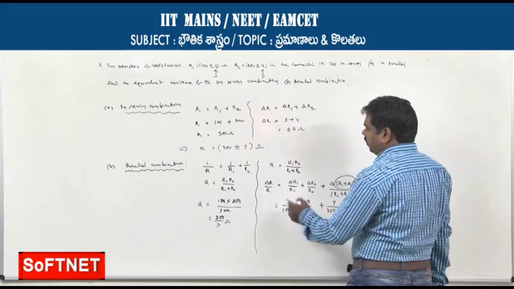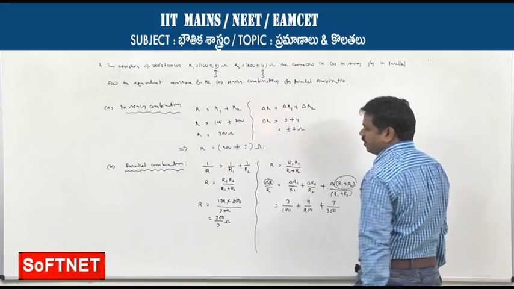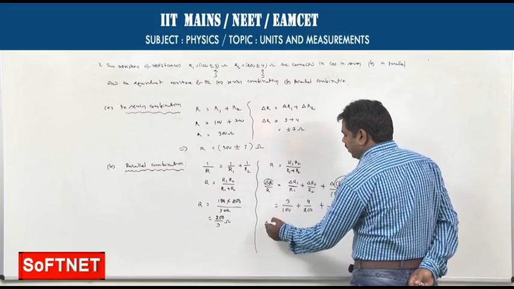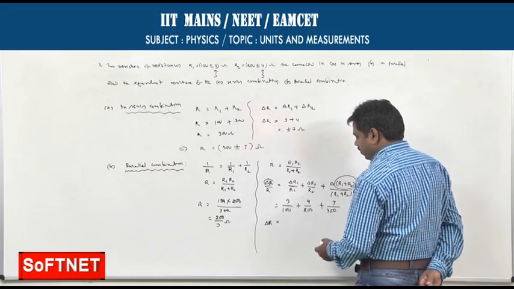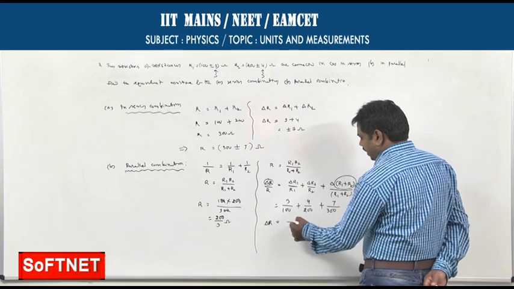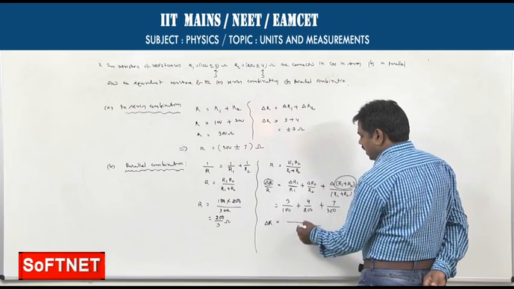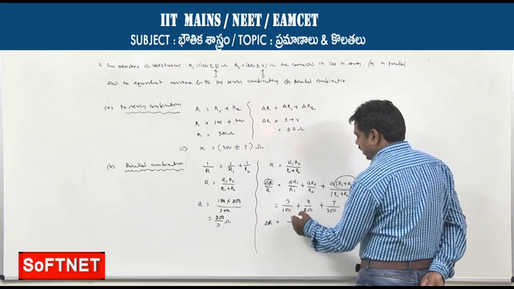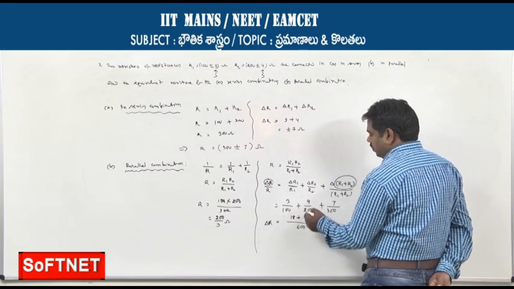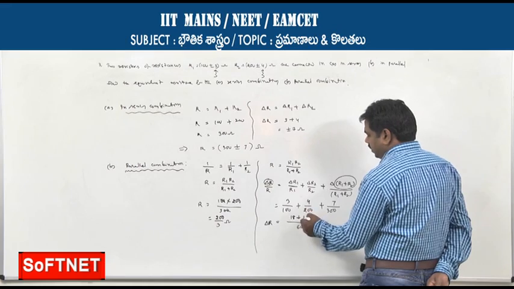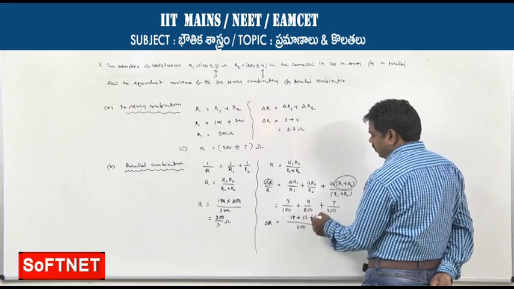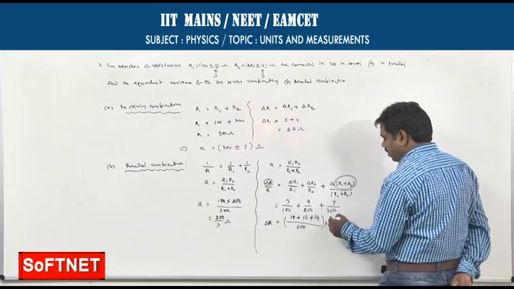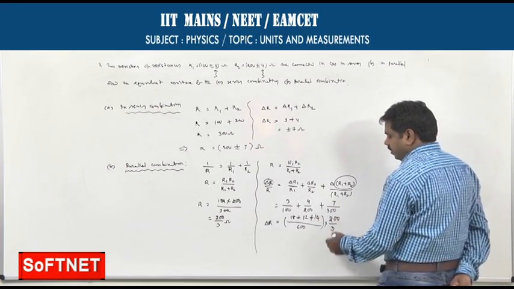Now we need to find out the error in the measurement of the resultant resistance in the parallel combination, that is delta R. Let me take 600 as the LCM, then I will get 6 threes are 18 plus 2 fours are 12 plus 2 sevens are 14, into R, which is 200 by 3.